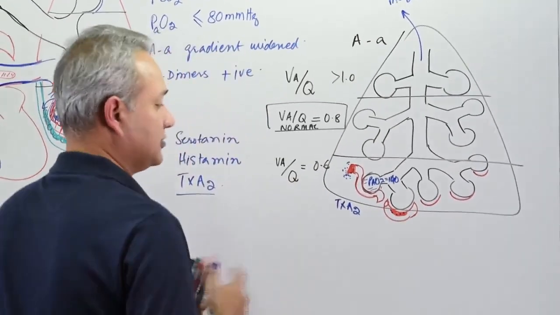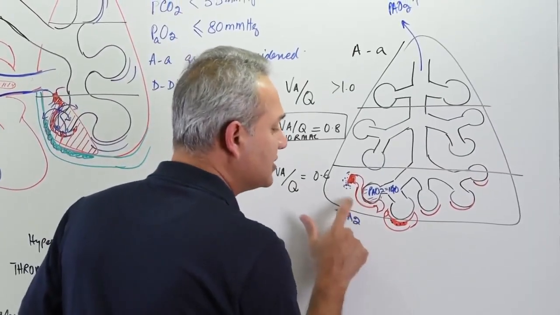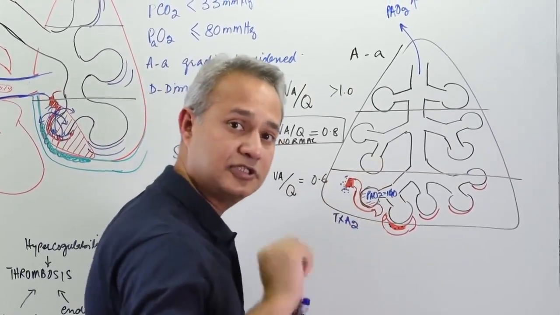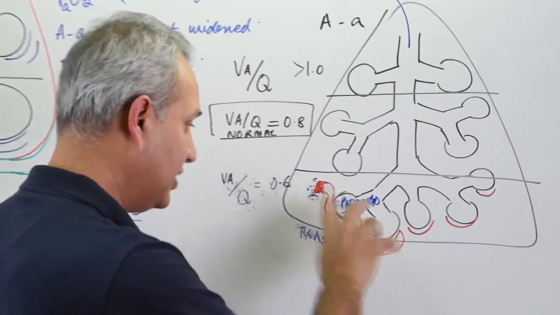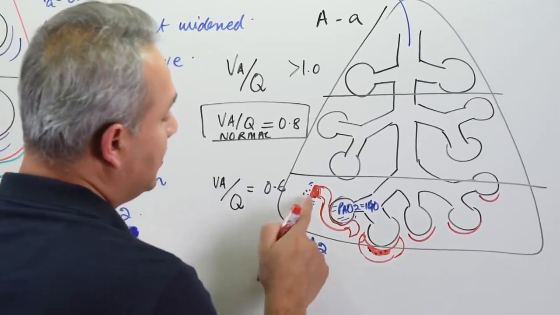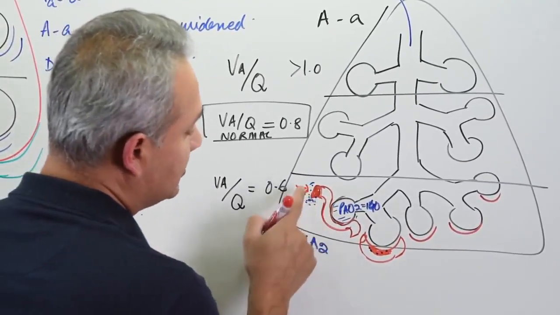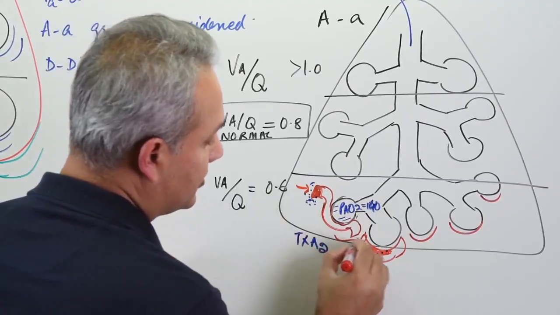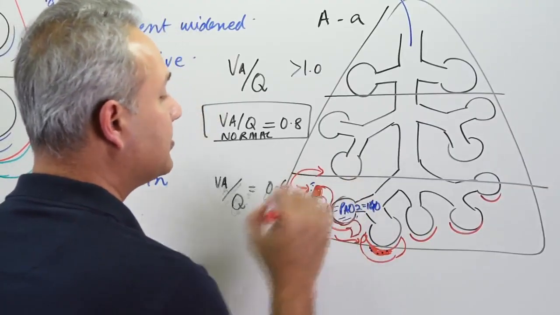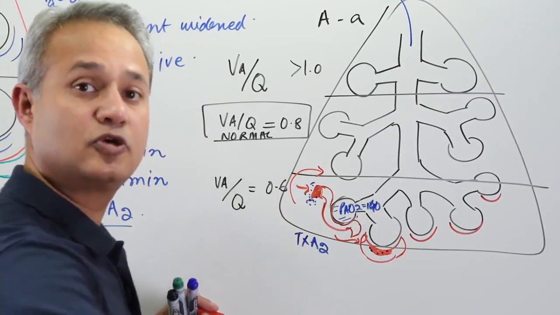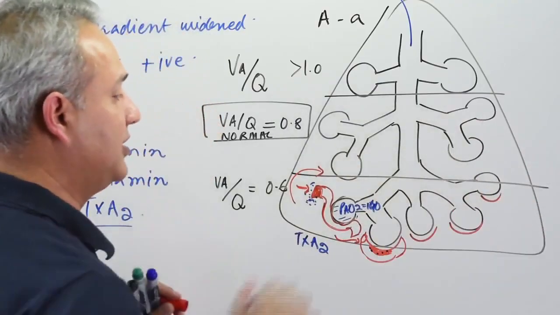Now let's talk about this. Why would this cause reduced oxygen pressure in the blood? Here's the deal. Blood that is not going into this blocked area is going to be redistributed. That means it is going to go into the other areas of the lung and pass from there.